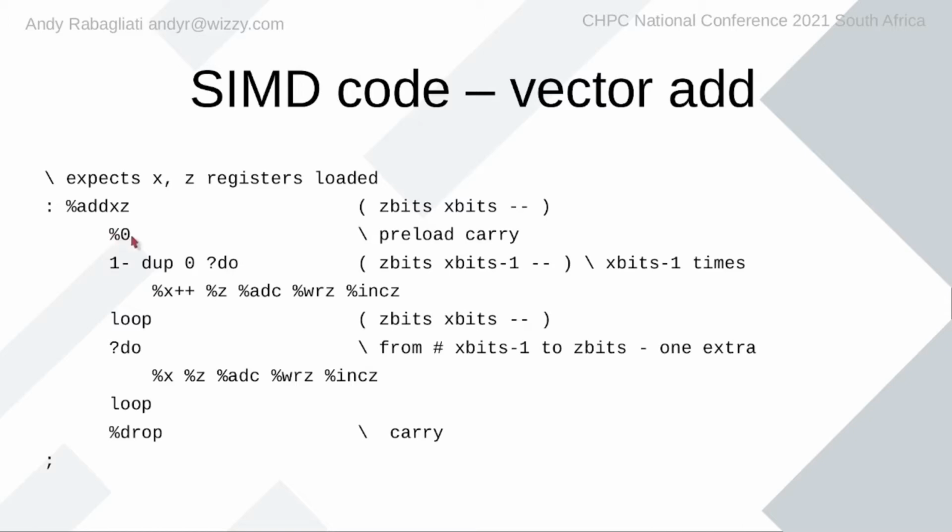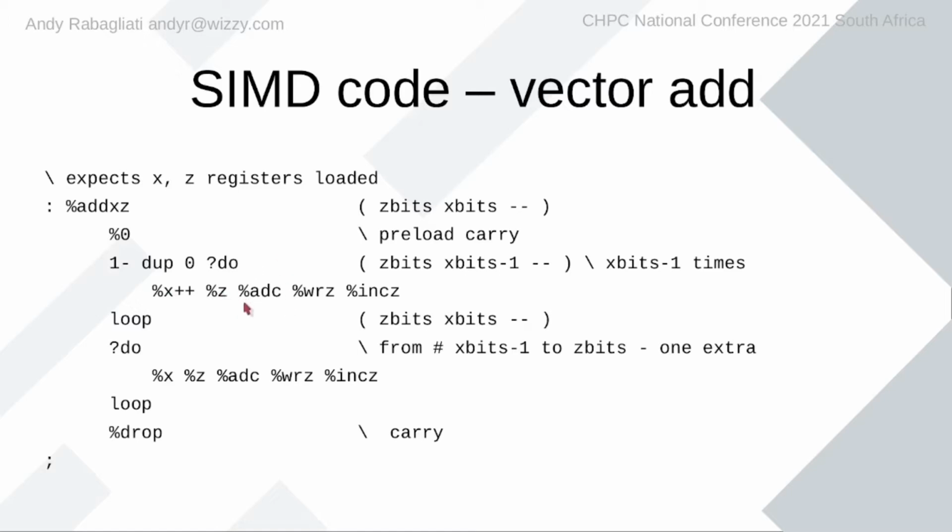This %0, for instance, specifies one of 2 constants that can be loaded, either 0 or 1, so this is 0. This line here is where most of the work is being done. So what we're doing is we're fetching a value, a single bit, from the X operand. We are fetching a result from the Z operand.